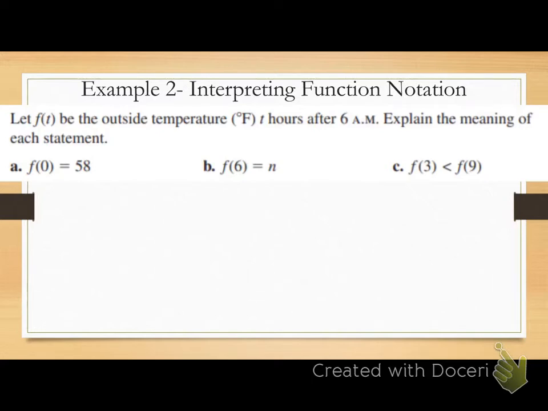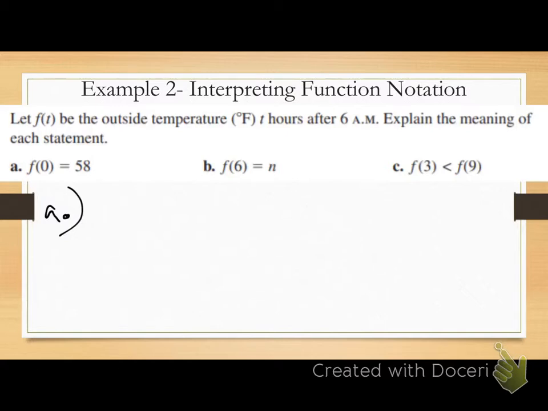Okay, it gives me 3 statements down here, and wants me to explain the meaning of each statement. So letter A, I have f of 0 equals 58. So what does t represent again? Number of hours after 6 a.m. What did they plug in for t here on letter A? 0.